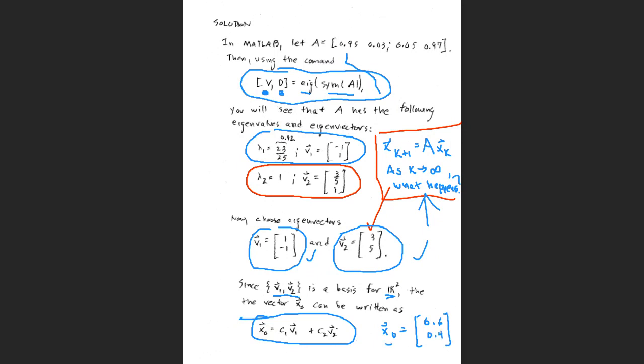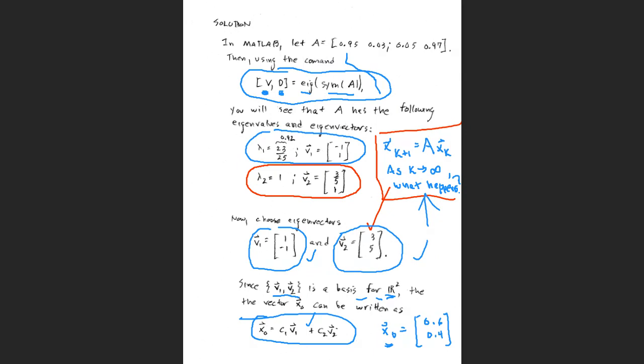But this initial vector, or initial state vector, x sub 0, can be written as a linear combination of those two eigenvectors because the eigenvectors form a basis for R squared. I mean, they do, right? Two linearly independent vectors in R squared form a basis for R squared.